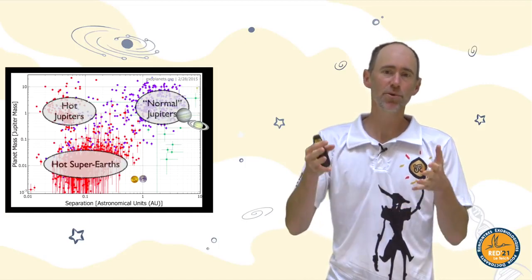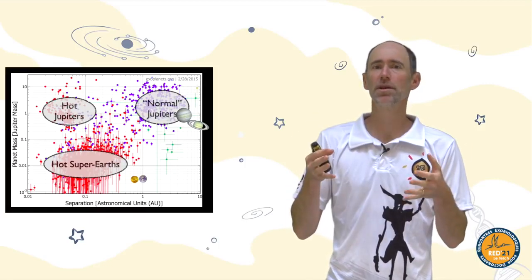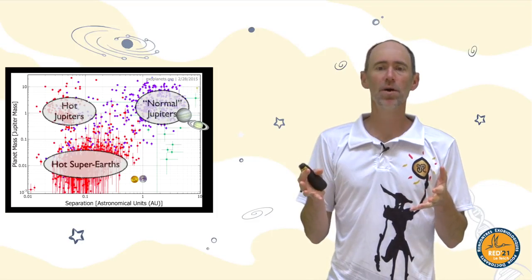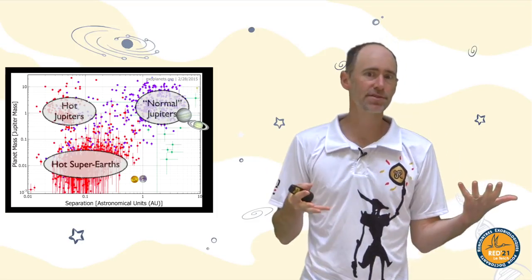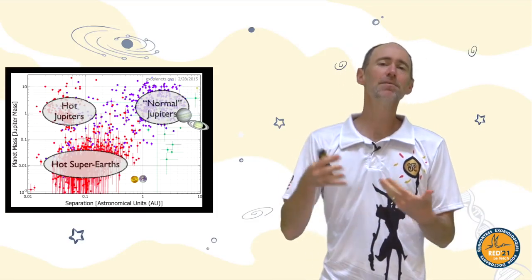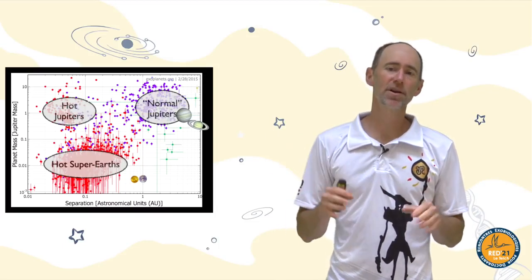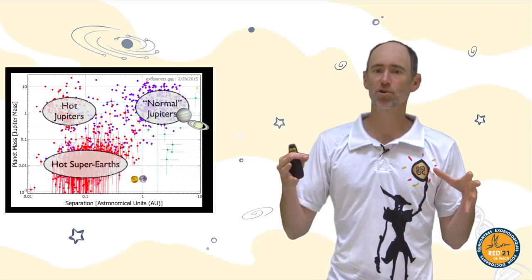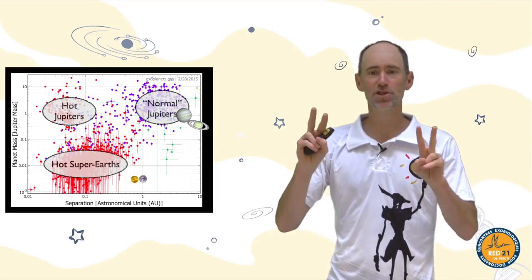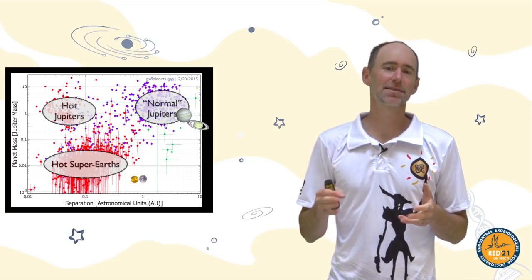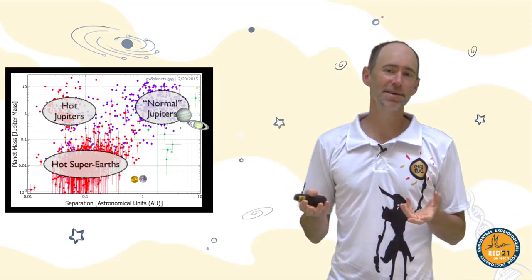And so they're clearly a really important category of planetary system, and one that we don't have in our own solar system. They tend to be planets that are a little bit bigger than Earth, up to say 3 or 4 times the size of Earth. And that's where the super comes from, just being slightly bigger than Earth. Although it makes it sound funny, that super part, but I don't know.